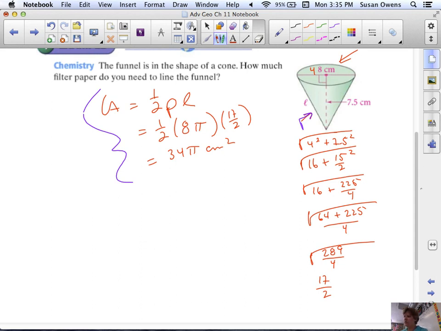You're welcome to do all your work up here in the formula, but it's kind of nice if you do it off to the side and I can see, oh, here's where you found the slant height, up there's where you plugged it in. Remember, if I can't, I will try to figure out what you're trying to do, but I'm not going to spend 20 minutes trying to figure it out. So try to make it readable for me so I can follow what you're doing. Don't doodle math in various corners and then all of a sudden you've got an answer and I have no idea where it came from.